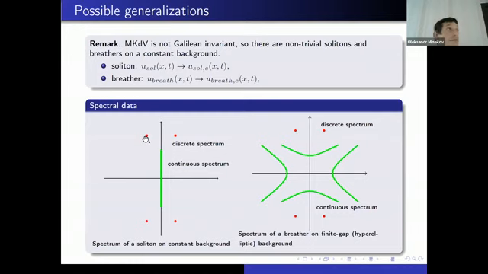So we can have breathers of the order 2 or 3 or even more. And then with those points, we can fill in some complicated curves in the complex plane, or even some areas.